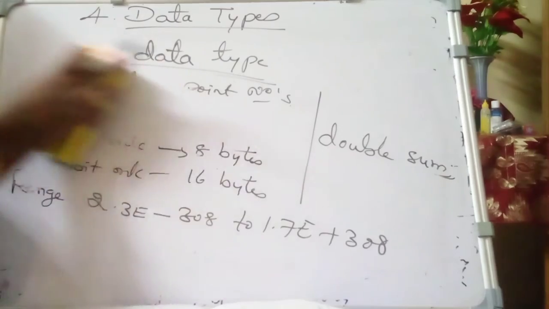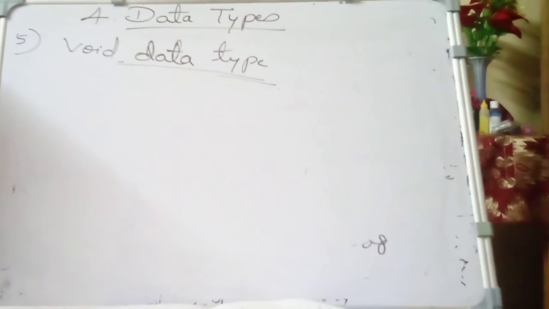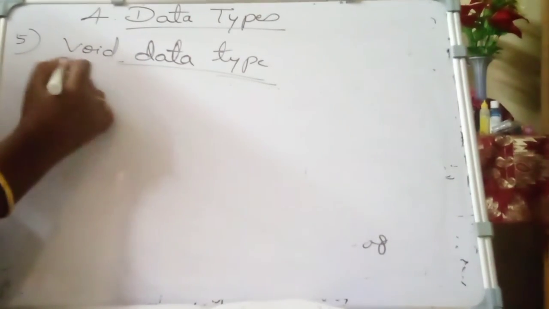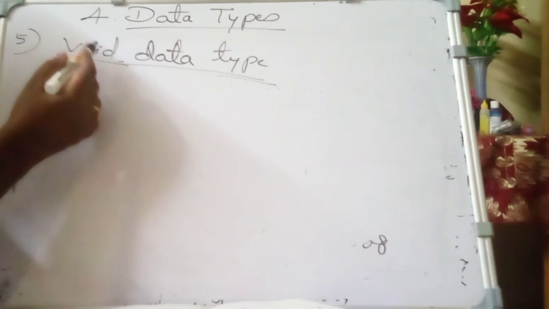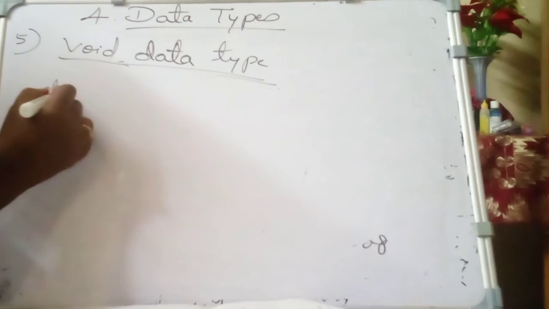Then the last data type in the primitive is the void data type. This void is normally used in functions to indicate that the function does not return any value.